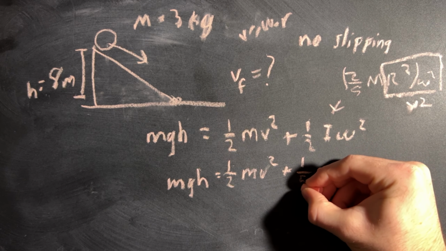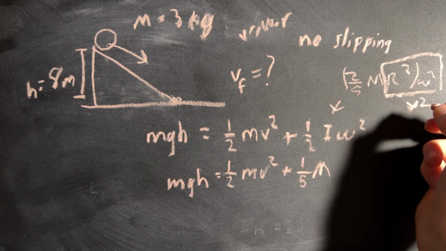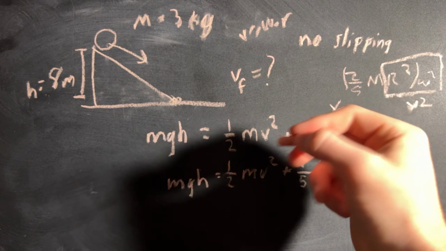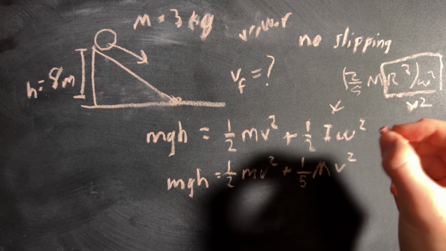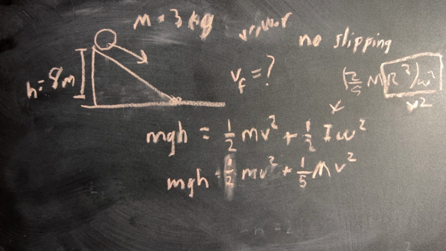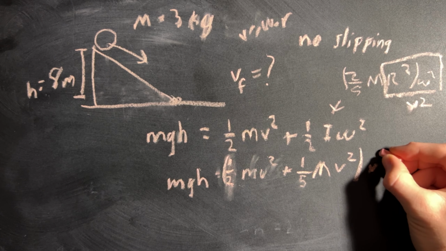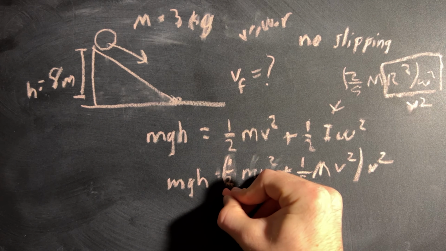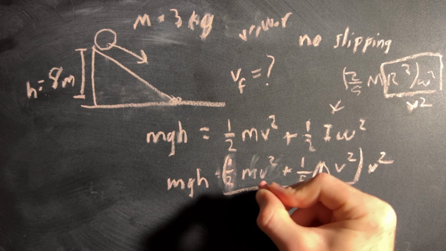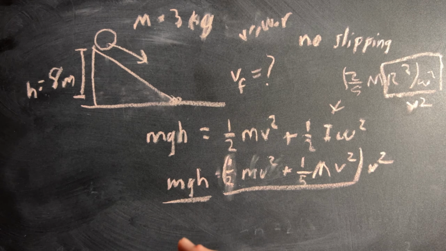So plus 1/5 m, and then r squared times angular velocity squared simplifies to v squared. Now we have v squared in both of our terms, so we can take out the v squared like so, and then we can divide all of this by itself on both sides to get v squared alone.